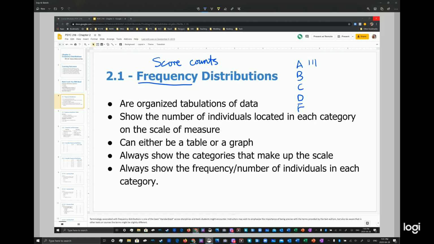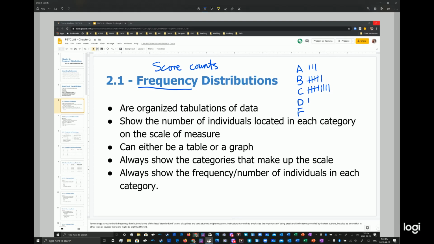3 people had an A in the class, 6 people had B's, 9 people had C's, 6 people had D's, and 3 people had F's. So each time you counted something, you are counting what that person scored, and you are doing score counts.